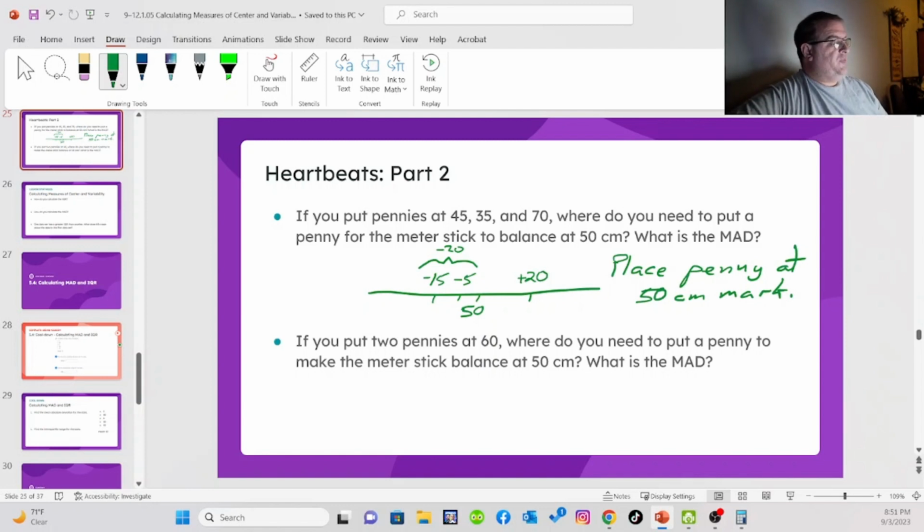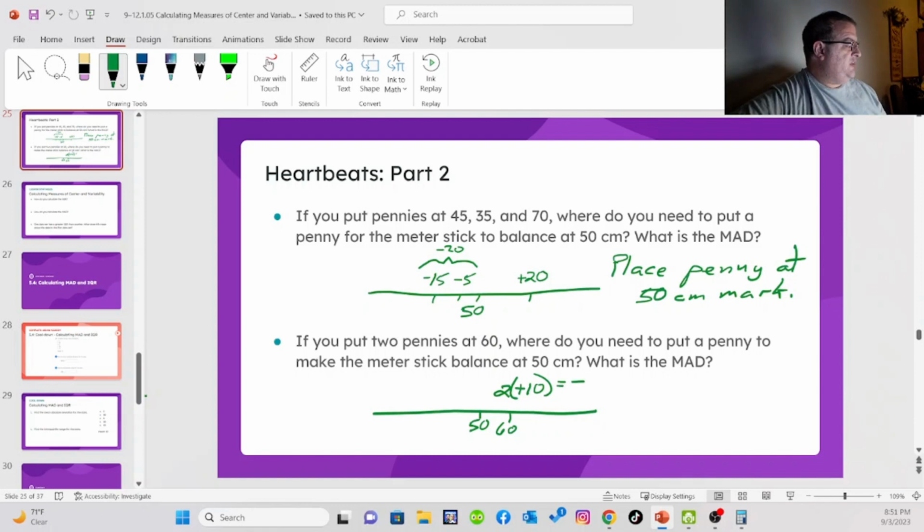Okay? The next one says, if you put 2 pennies at 60, where do you need to put a penny to make the meter stick balance at 50? So if we think about this logically, I want to balance it at 50. I have 2 pennies here at 60. That means each of them is at plus 10.